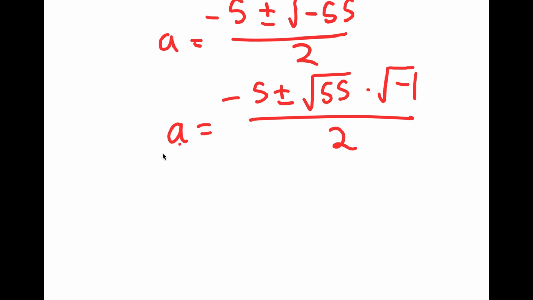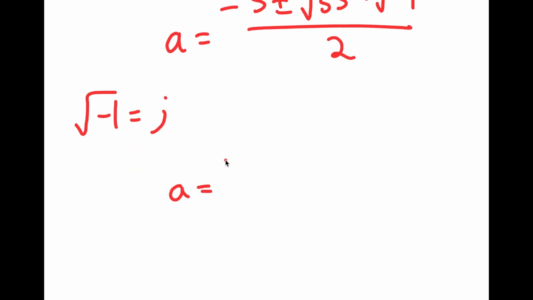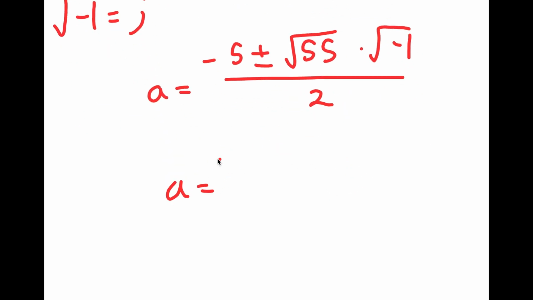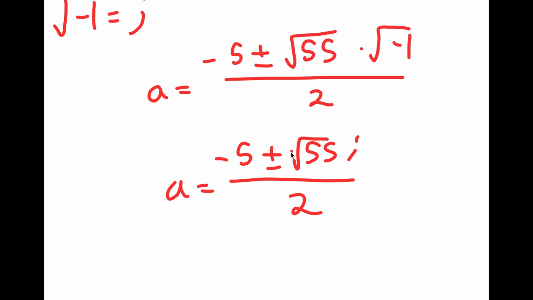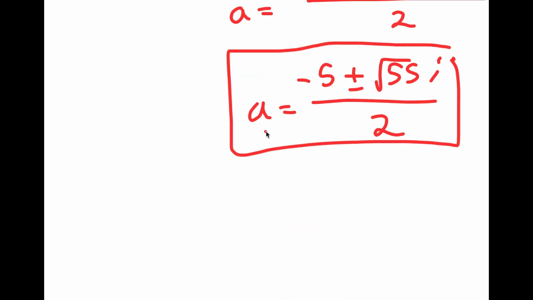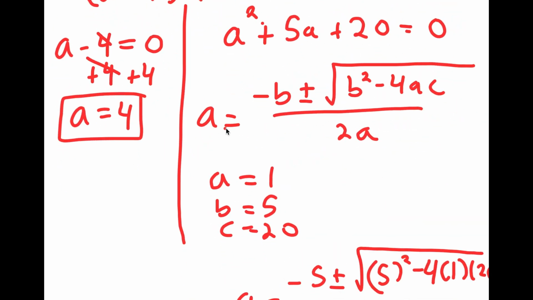If you didn't already know, the square root of negative 1 is equal to the imaginary number i. So I get a equals negative 5 plus or minus the square root of 55 i over 2. So this is another solution for a. In total I have 3 solutions, 2 imaginary and 1 real.